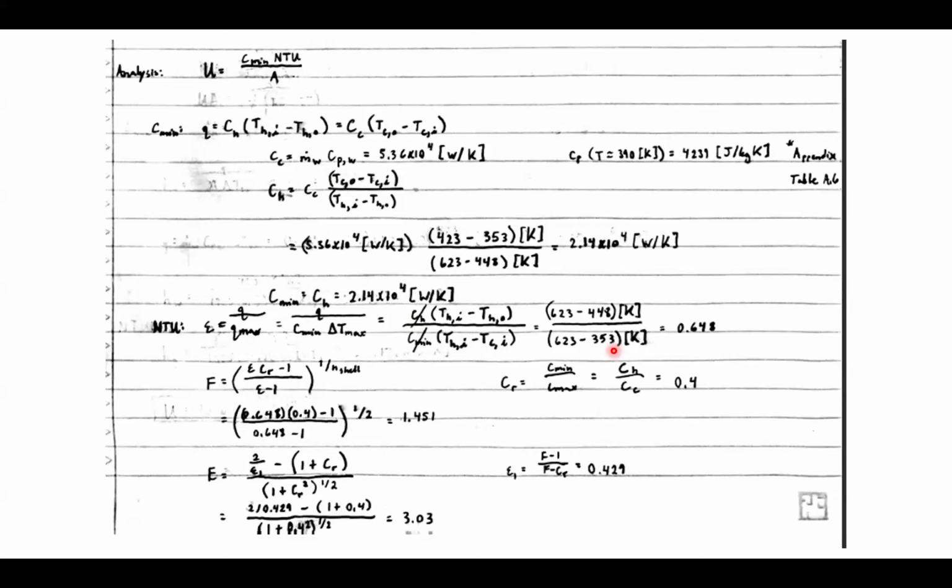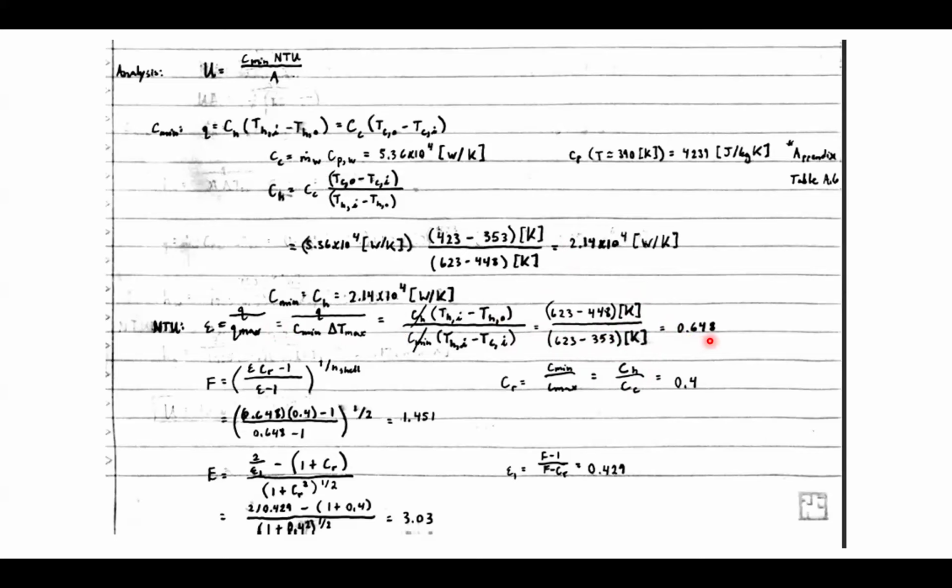And so the hot side inlet temperature is the hottest temperature in the system. The cold side outlet temperature is the coldest temperature in the system. And so when you go through and solve for the effectiveness, you get a number of 0.648.